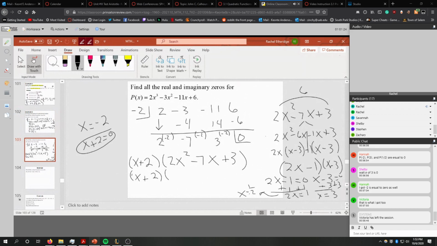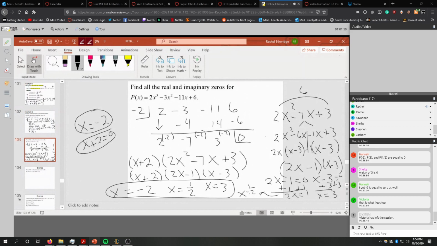So those are our factors: 2x minus 1, x minus 3. You have to set each one of those equal to 0, which we already knew this was -2. So we get x equals -2, x equals 1/2, x equals 3. Those are our actual zeros.